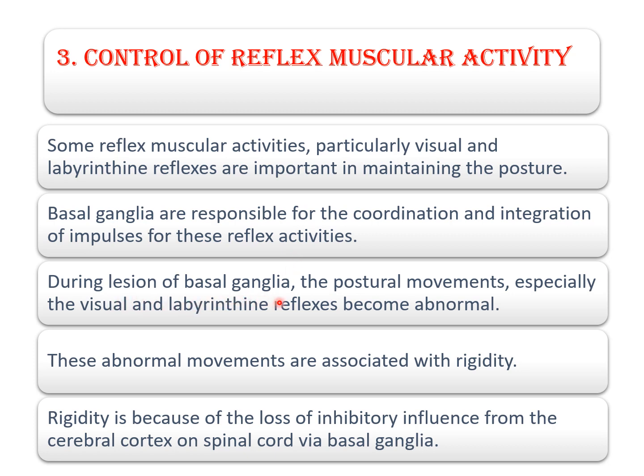During a lesion of the basal ganglia, the postural movements, especially the visual and labyrinthine reflexes, become abnormal, and these abnormal movements are associated with rigidity. Rigidity is because of the loss of the inhibitory influences from the cerebral cortex on the spinal cord via basal ganglia.